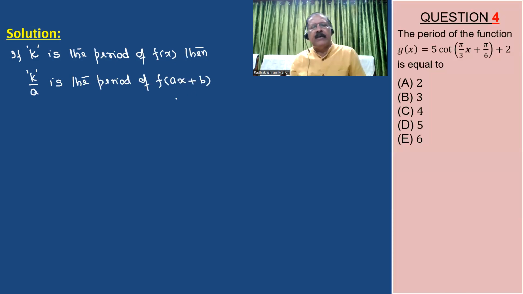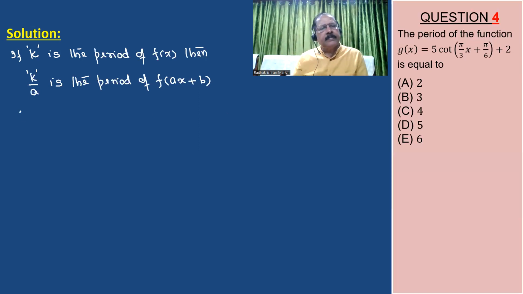That means when I am replacing x by a linear expression ax plus b, the period is very simple. Divide the period of f of x by the coefficient of x. So that's all. When you multiply a periodic function by a constant, the period will not change. If you add a constant, then also the period will not change.